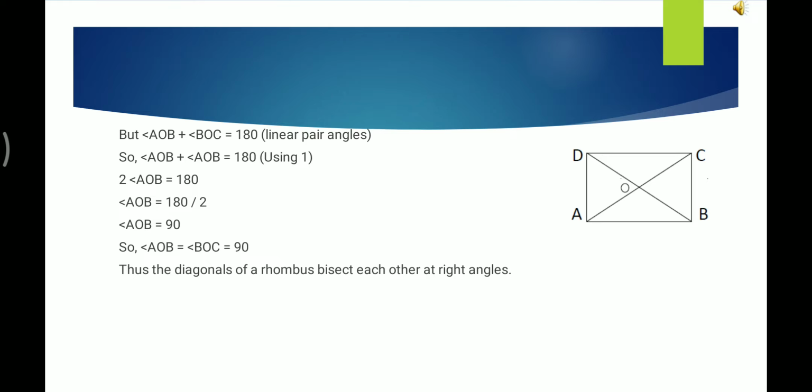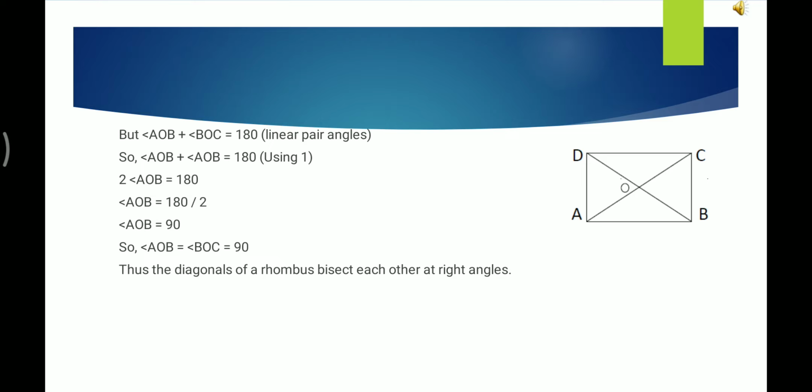So 1 time angle AOB plus 1 time angle AOB will become 2 times angle AOB and equal to 180 degree. Here 2 is in multiplication with angle AOB. After transposing it, 2 will become the divisor of 180 degree.